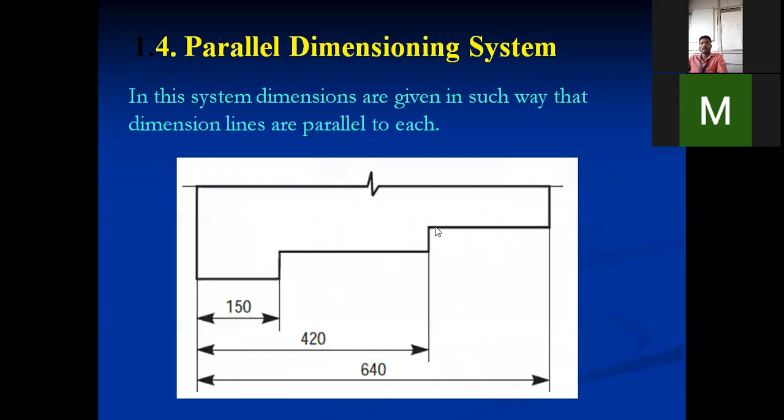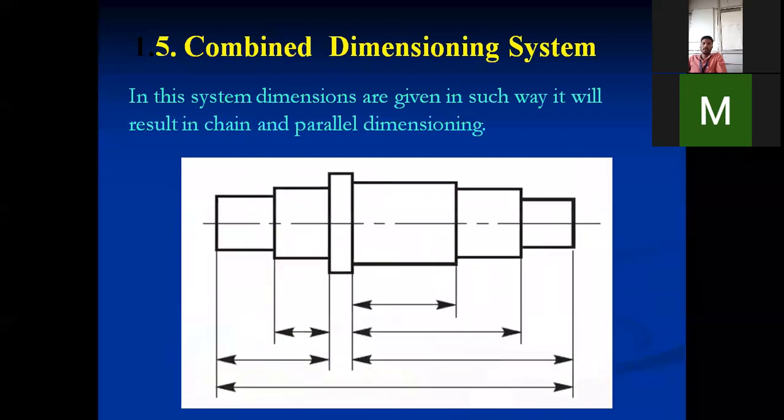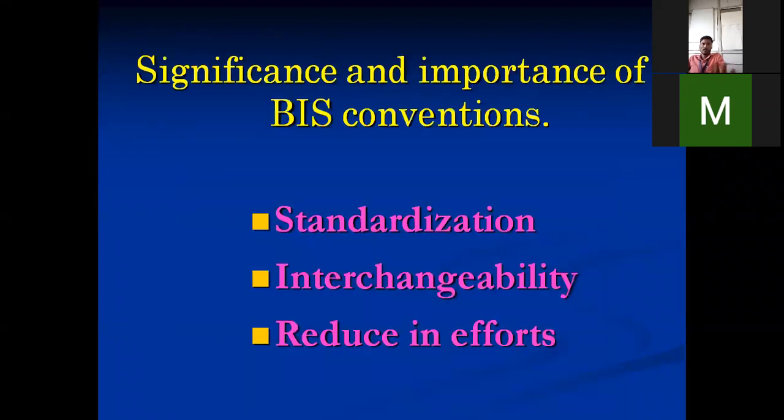Thereafter, parallel dimensioning. As simple as this, dimension lines will be parallel to each other. Combined, the word itself is giving the definition. Combined fashion. Dimensions are given in pairs. This also we have discussed, the significance and importance: why it is necessary to manufacture a particular part in standard dimension.